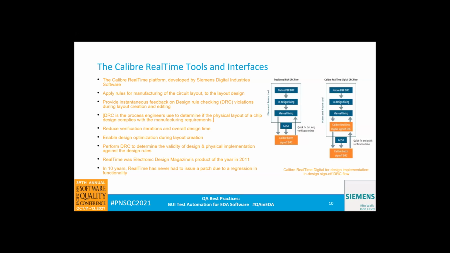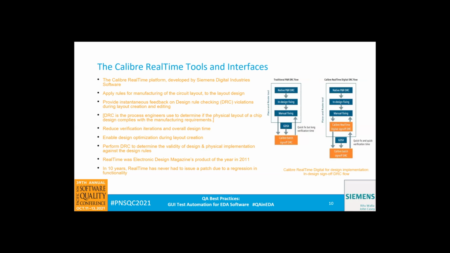Rule checking, or the design rule checking or the DRC, in itself is a process that engineers use to determine if the physical layout of the chip design complies with the manufacturing requirements. Hence, I can summarize by saying that RealTime performs DRC to determine the validity of design and physical implementation against the design rules. It reduces verification iterations and overall design time. It enables the design optimization during creation of layout.